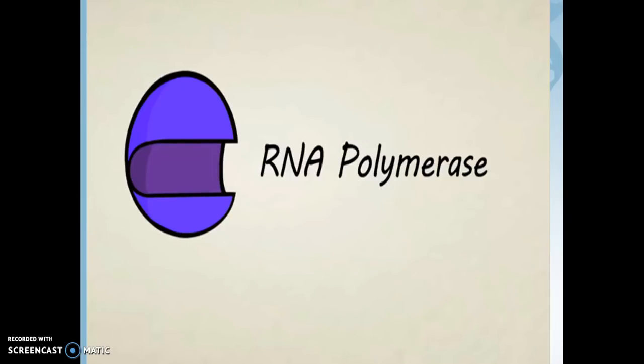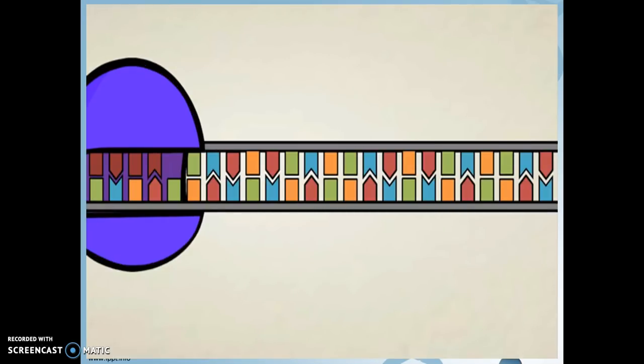There is another important structure which helps in transcription, or making of RNA, and that is RNA polymerase. This enzyme is really important in making messenger RNA, or taking the codes from DNA to make an RNA. RNA polymerase binds to the promoter region and moves down the DNA strands.